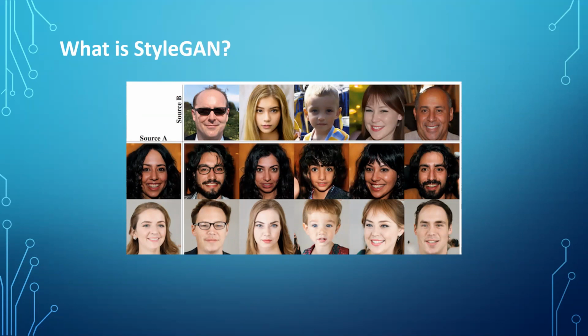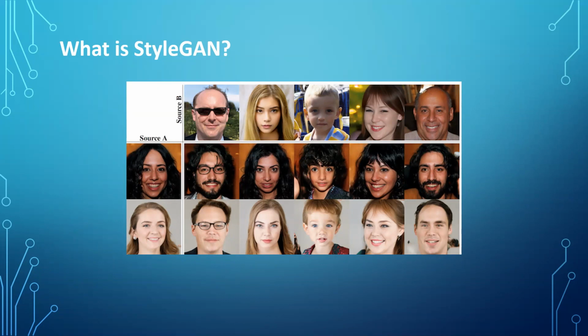StyleGAN is the next iteration of a GAN, where the traditional GAN only generated faces. You can't put any parameters like how it should look, or how much style attributes there should be, like the hair, glasses, facial hair, the gender, the age.